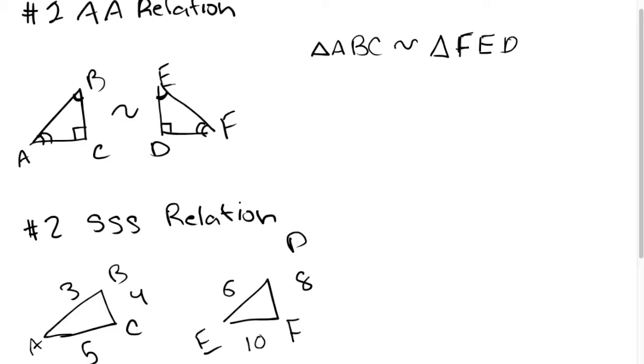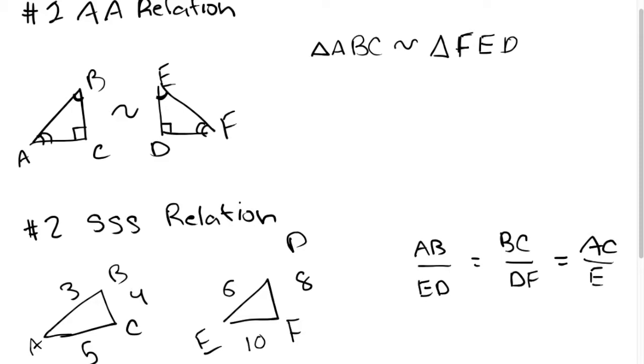What has to exist when you have a side-side-side relation is that three pairs of corresponding sides have to be proportional. If I write this as a dual equation, it is side AB over side ED is equal to side BC over side DF is equal to side AC over side EF.